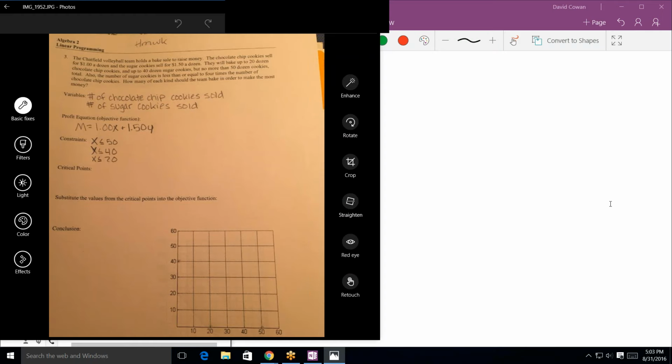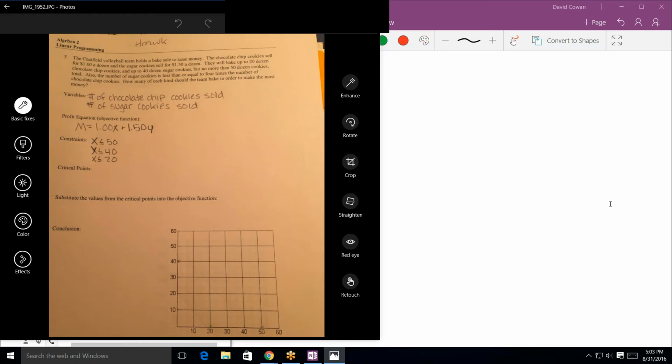That's the revenue. Hold on a second. I guess they're not even counting the cost of cookies. They're assuming the cost is zero. So that's all right. So that profit equation is correct.